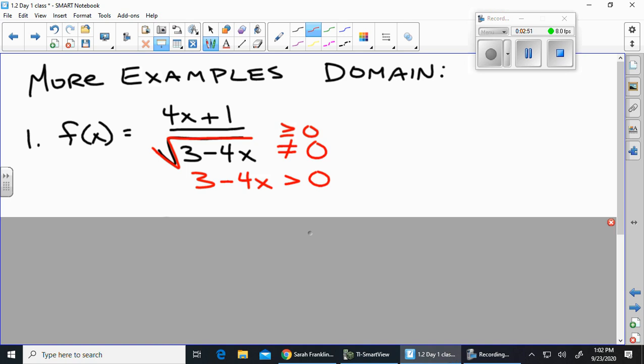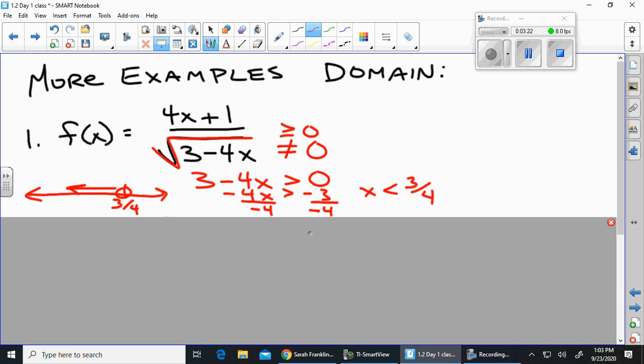So you solve that. Let's say I subtract 3, I divide by negative 4. That inequality sign is going to change. That's giving me what I can put in. I can put in x's less than 3/4. And I said yesterday, sometimes people like to see it visually on a number line.